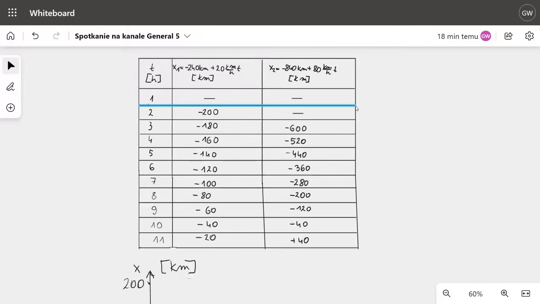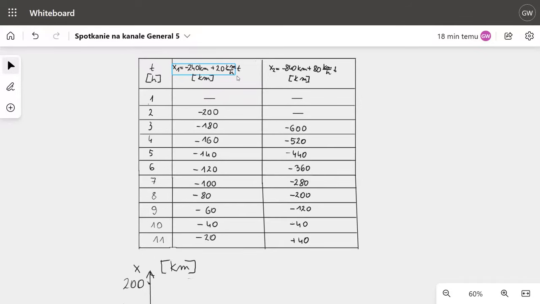Now we can solve this task graphically. In this table, we will calculate coordinates of position for both cars. We can put time to equations of motion here and here. But we know that first car at 2 o'clock was in the city A, so its coordinate of position equaled to minus 200 kilometers.